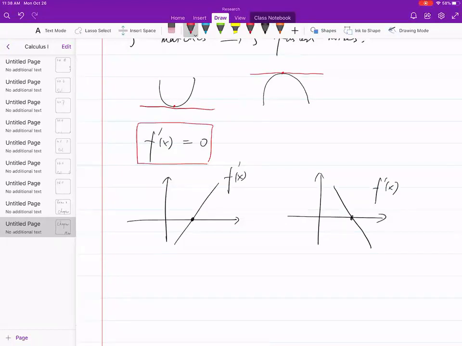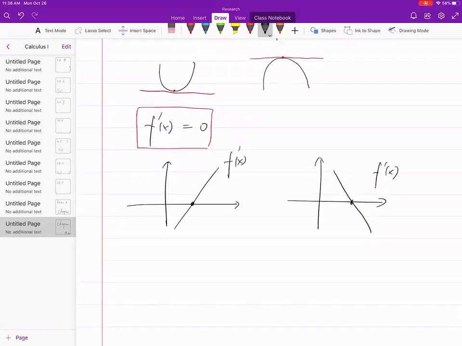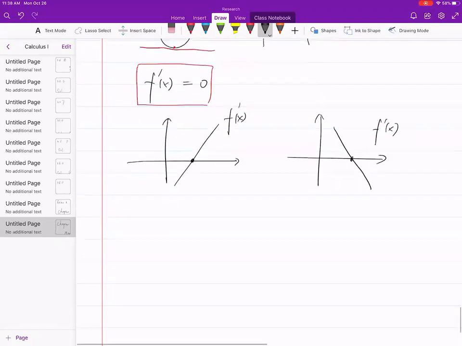Okay, very good. Then you have the second case. Can you have something that is a local maximum, but your tangent line is not 0? It might take you a while.